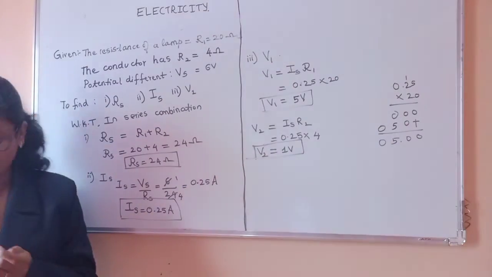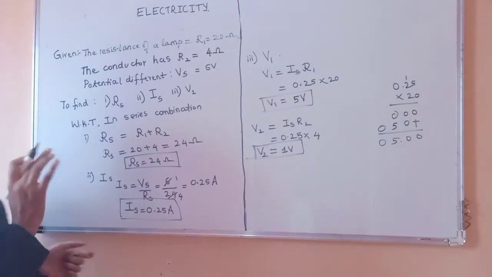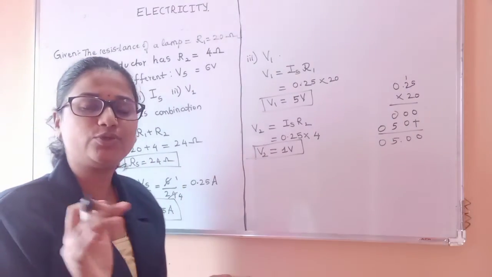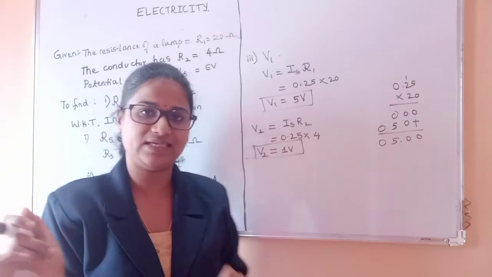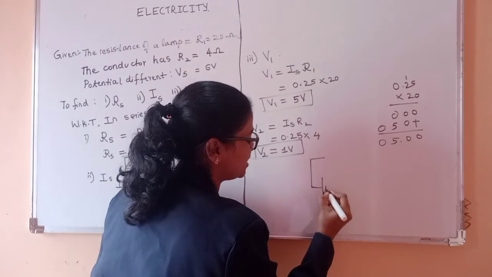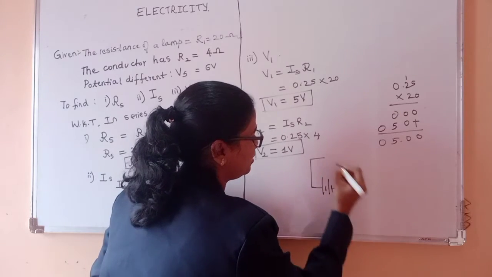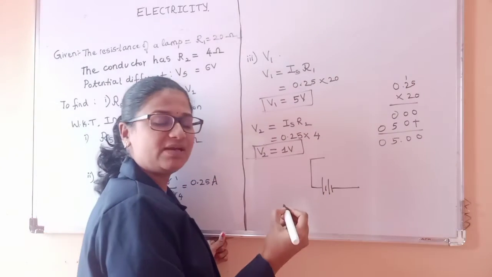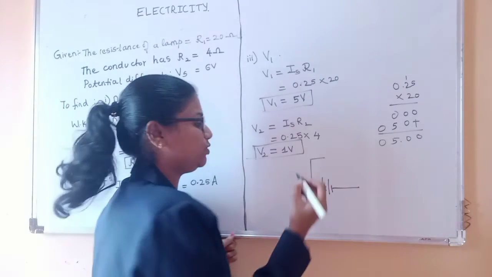So this is how we have to solve the problem. And while solving the problem, it is better to draw the circuit diagram. It helps us, because sometimes they will ask to draw a circuit diagram.